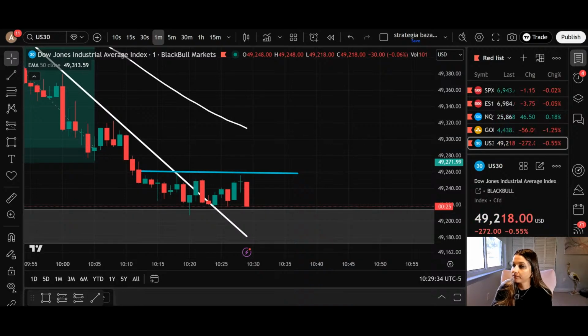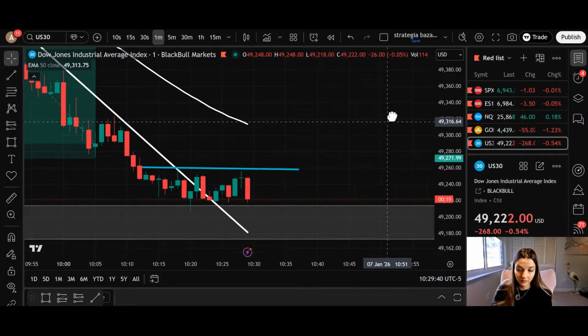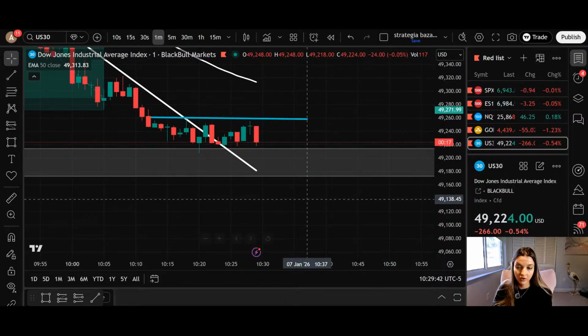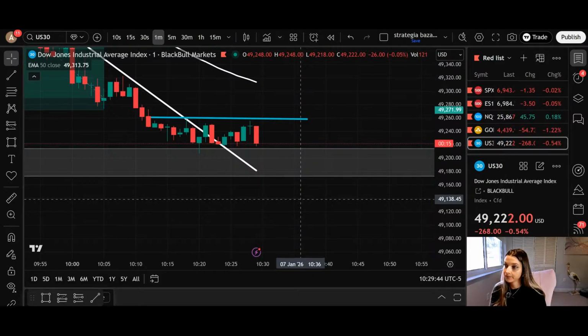But let's see. Maybe the market wants to go down today. Really down. Maybe it will break this and retest so we can go on a short.